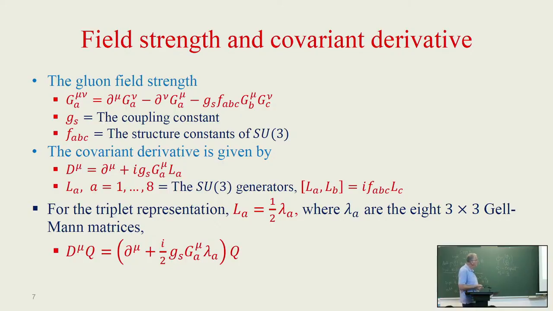But it's represented by matrices whose size depends on which field they act on. So when the covariant derivative acts on these quark fields, all of which are triplets of SU3, it's represented by 3 by 3 matrices. And these 3 by 3 matrices are known as the Gell-Mann matrices. Okay? These are known matrices.